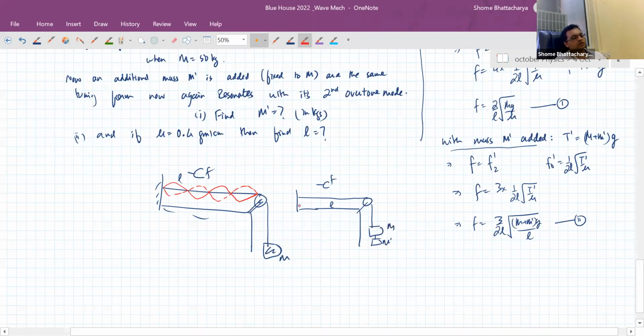Now the same tuning fork is causing it to vibrate in the second overtone mode. It will vibrate like this. If you just compare the two equations, we see that 2 by L square root mg by mu is equal to 3 by 2L square root (m plus m prime) g by mu.